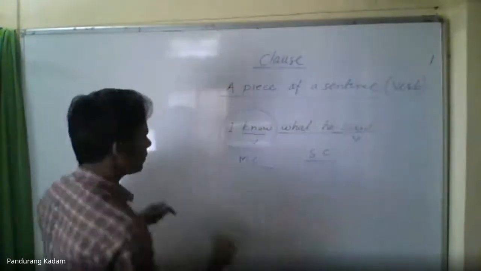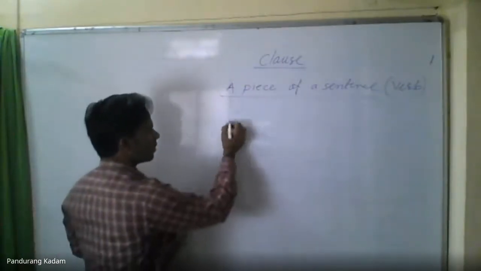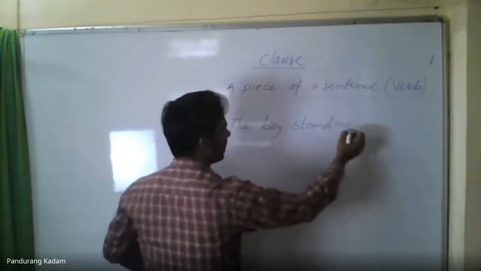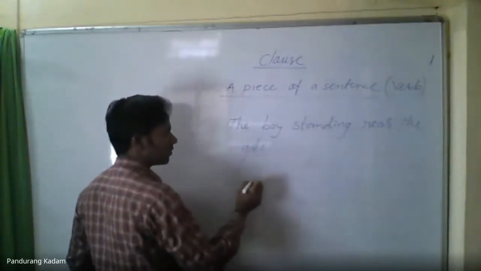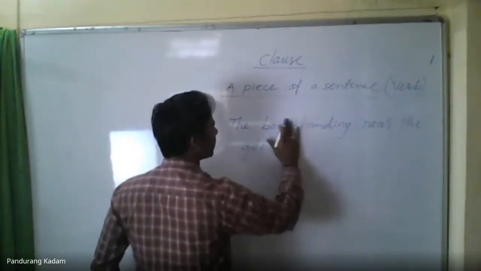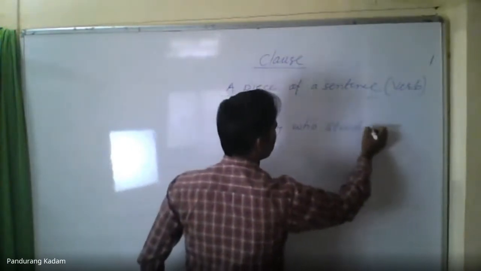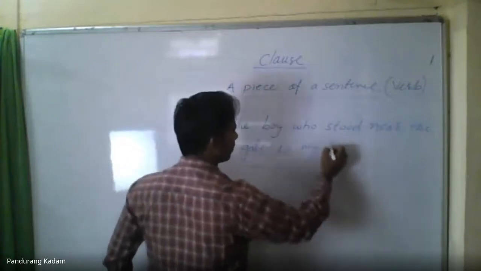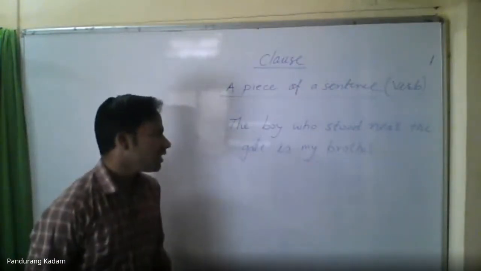Understood? Now one more sentence. The boy who stood near the gate is my brother.